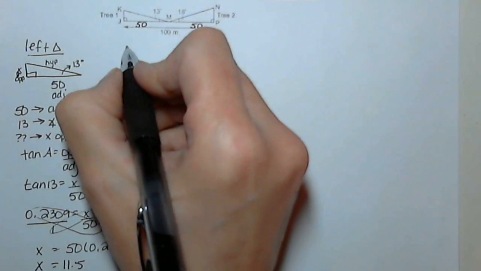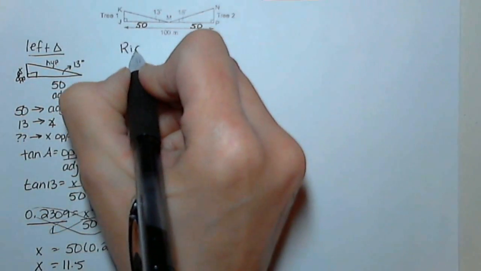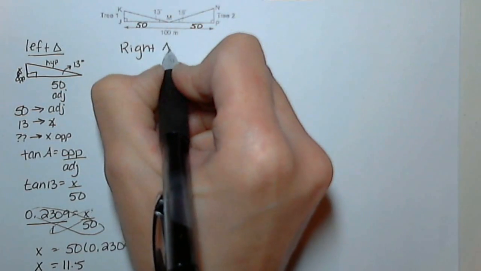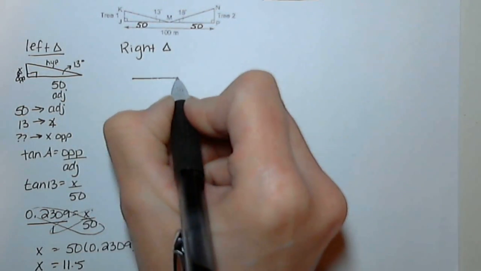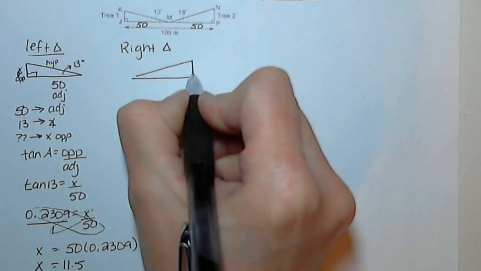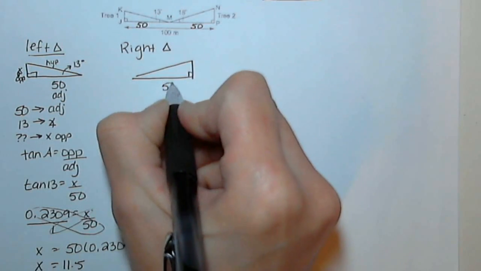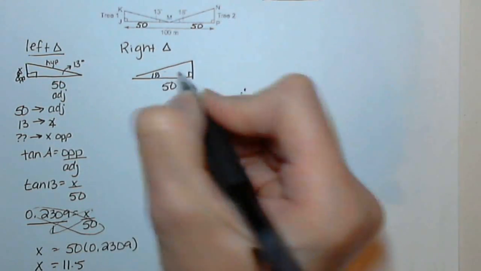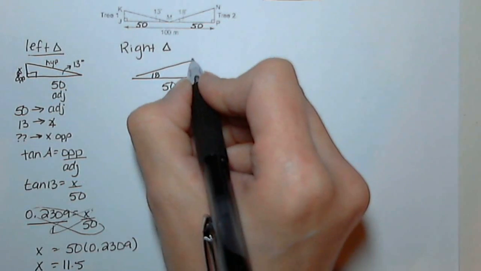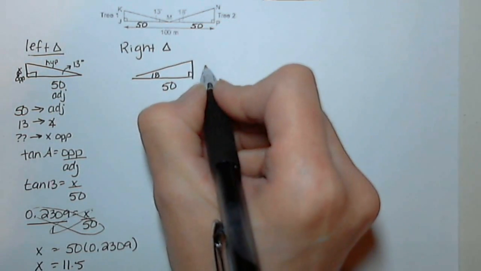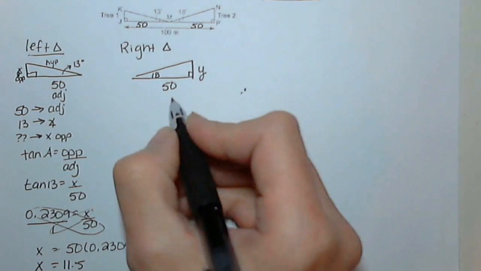Now let's look at our right triangle. Our right triangle also has a base of 50, but this time our angle is 18. And the height we're looking for is this height of this tree, and let's call it y.